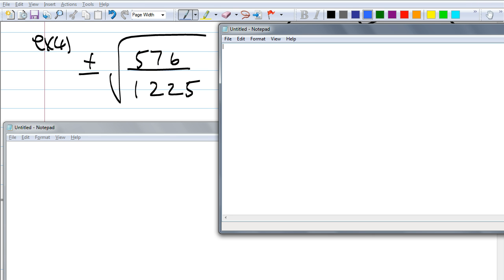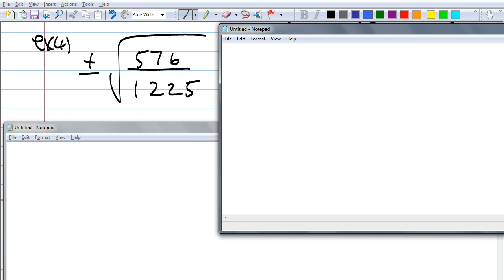So this is a shortcut for writing 2 numbers that happen to be opposites of each other. This is the positive square root of 576 over 1,225, and also the negative of the square root of that whole fraction.